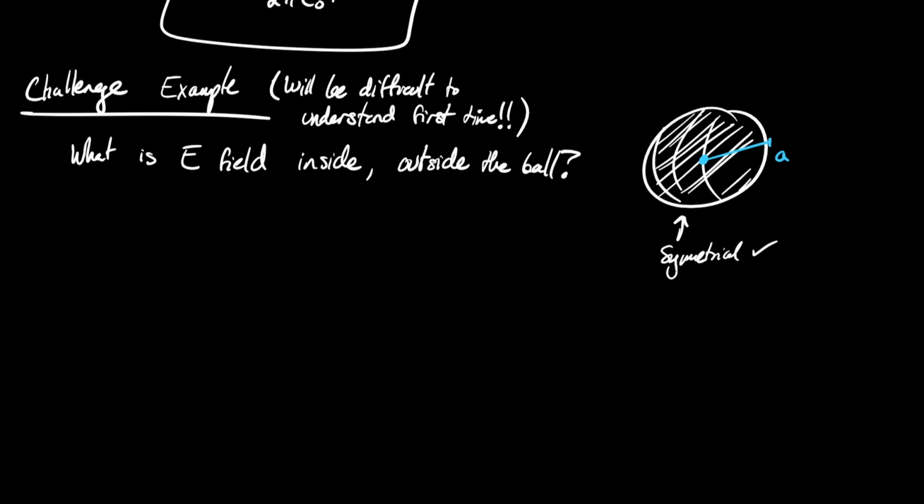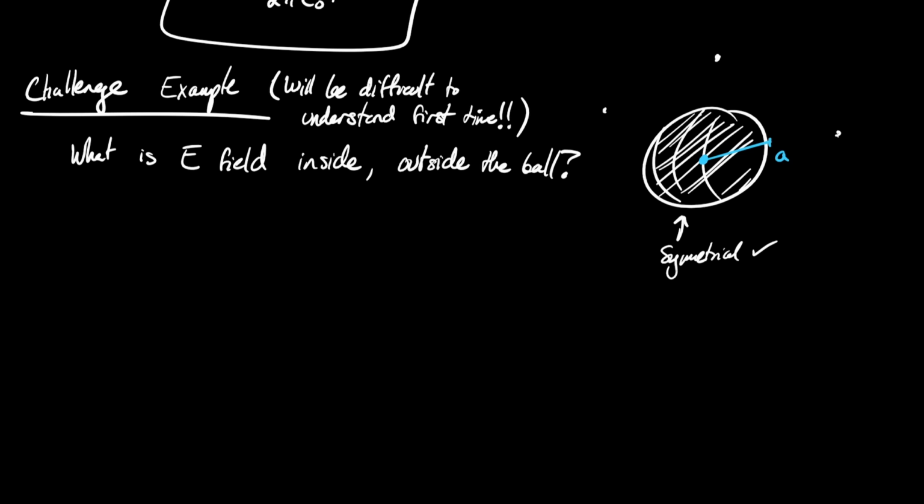Okay, so outside the ball, first let's sketch what we think the electric field looks like, just off of symmetry arguments. So we have this perfectly round ball. It really shouldn't depend on where we put the electric field test charge, here or here or here, because the ball looks the same from all of them. And the electric field shouldn't point anywhere except radially outwards.